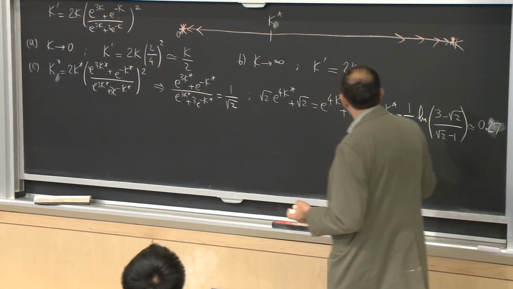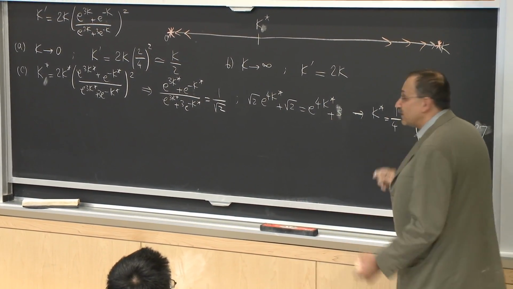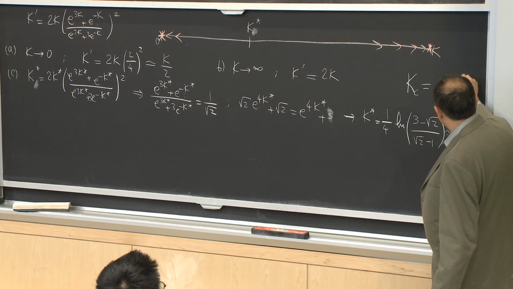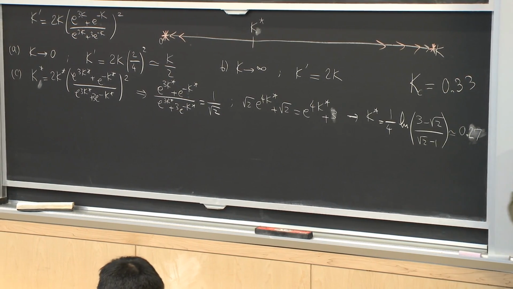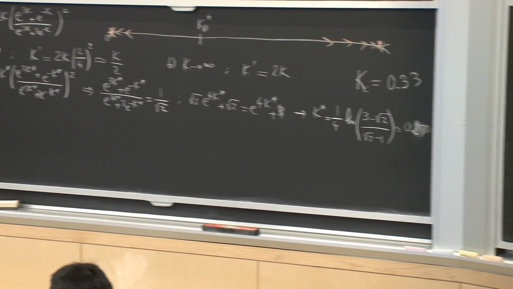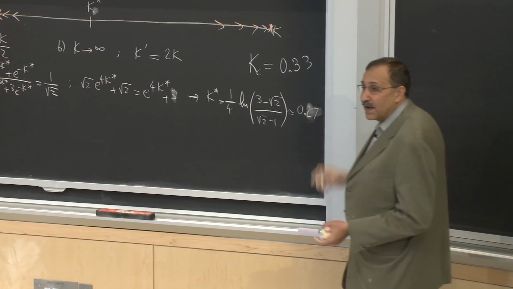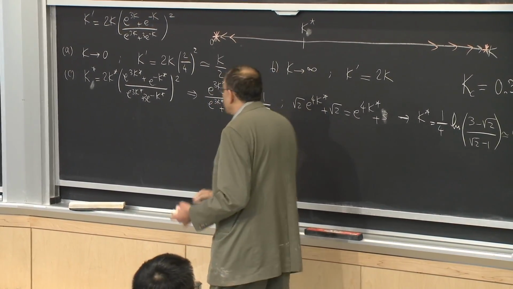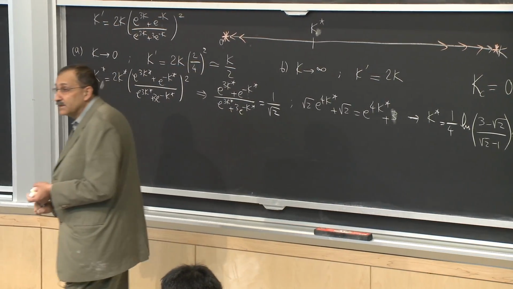And you will show that Kc, the correct value of the coupling, is something like 0.33. So that gives you an idea of how good or bad this approximation is. But the point in any case is that the location of the coupling is not that important.